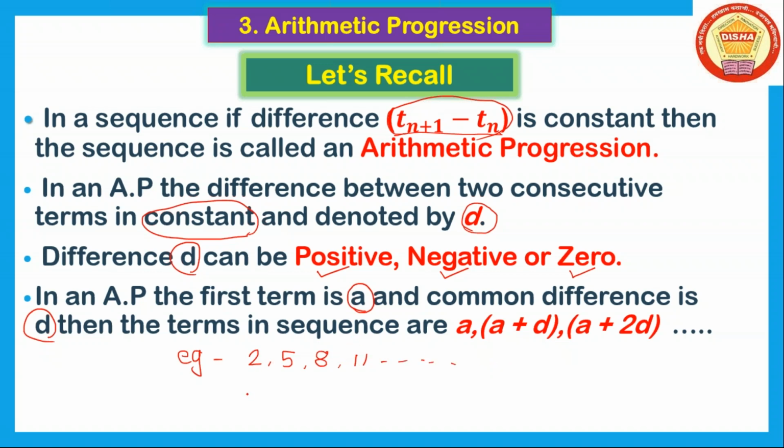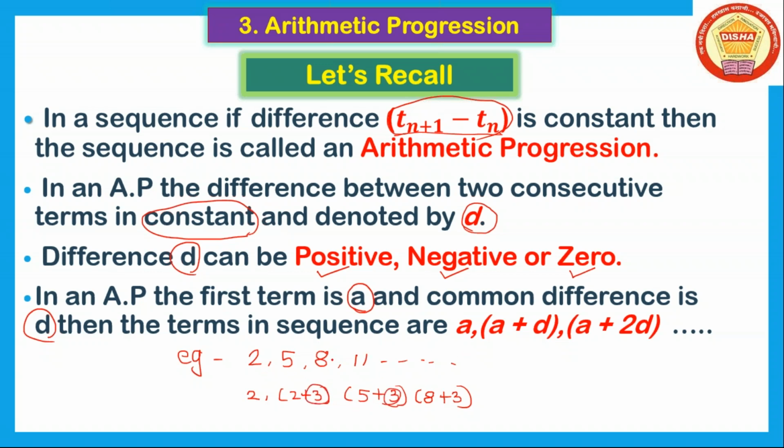Then the first term is 2, the next term is 2 plus 3, the next term is 5 plus 3, the next term is 8 plus 3. Means in the given sequence we added 3. Means it is an AP.